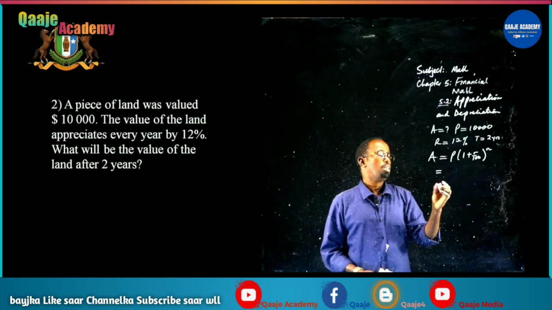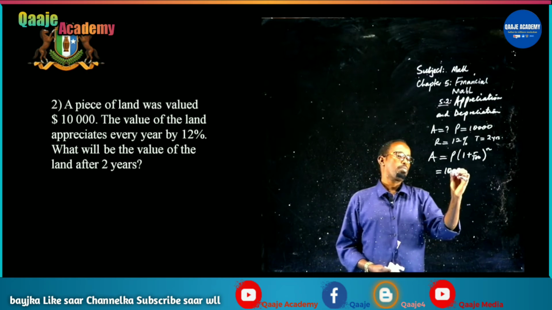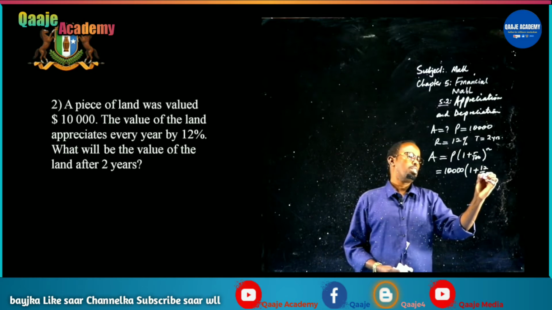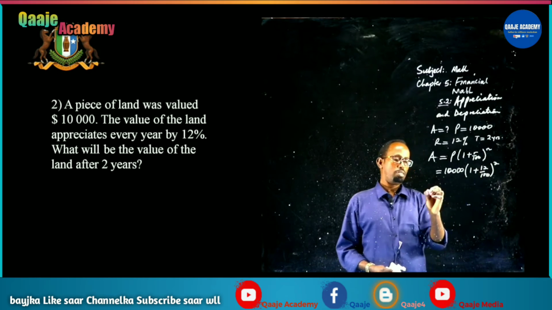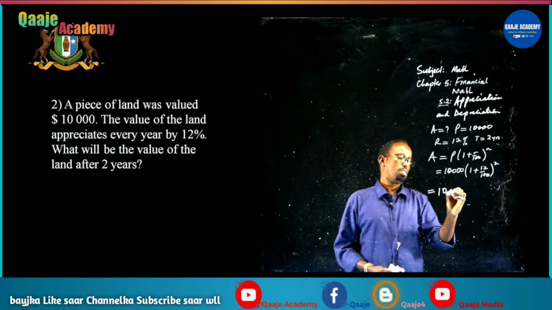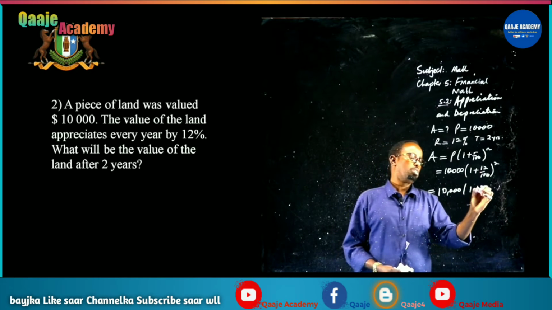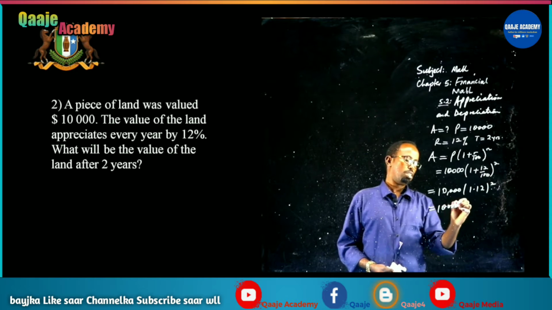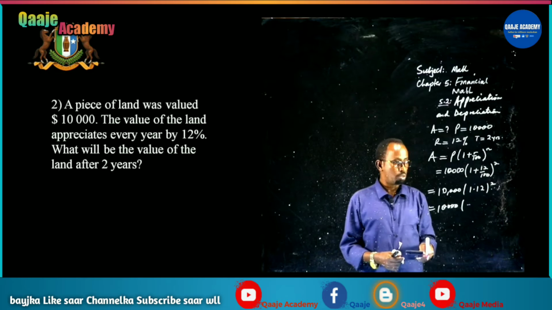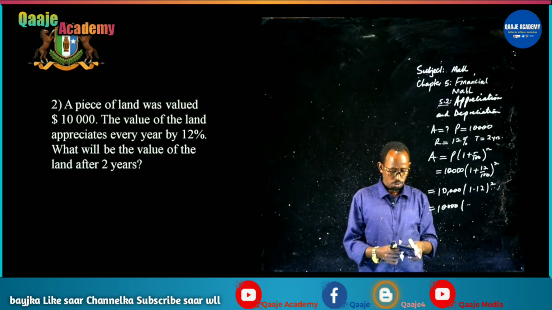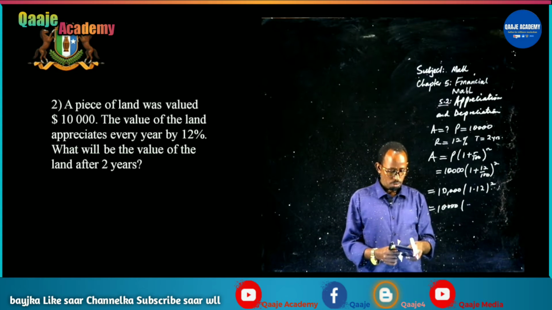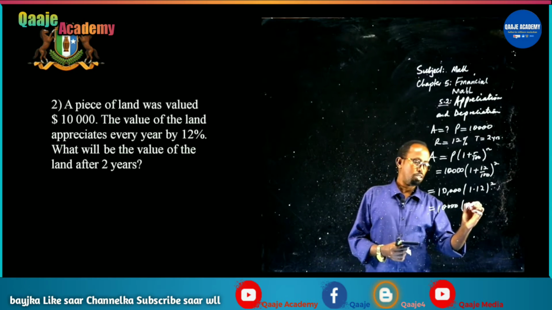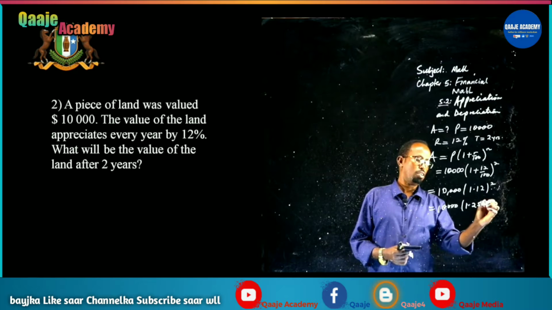So this is 10,000, 1 plus 12 out of 100 into bracket 2 years. So 10,000, 1.12 into bracket 2. So 10,000, 1.12 power 2 will be equal to 1.2544.